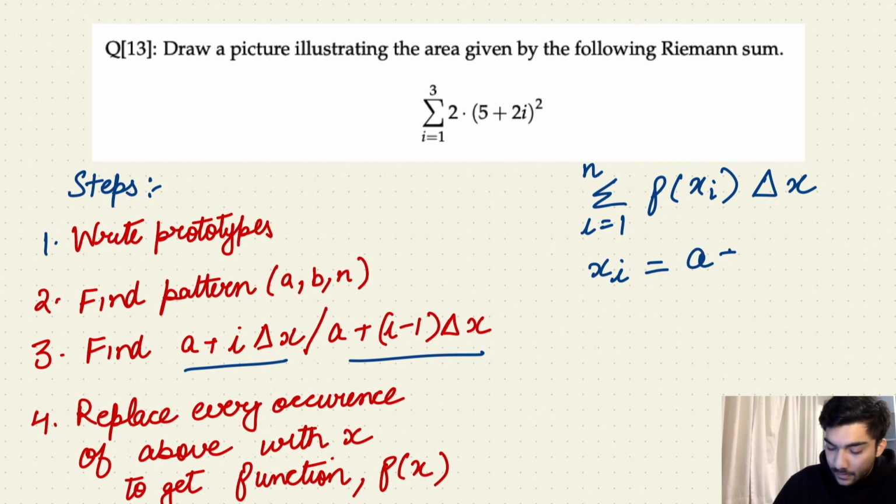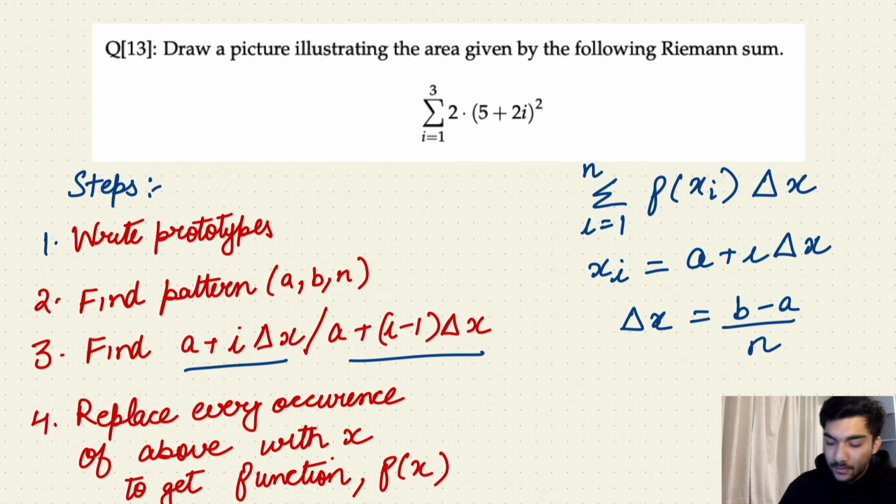I'll write the right-hand Riemann sum notation in order to simplify everything. You can also use the left-hand Riemann sum, but it would make your answer a bit more complex. So my xi is a plus i delta x, and my delta x is (b minus a) by n.